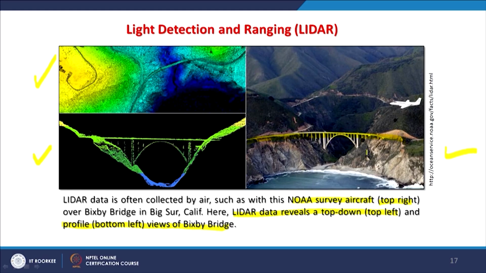So, in reality the right one is the visible part, whereas the left one and the bottom left are based on the LIDAR. Whatever the distance you are standing from, you can measure the distance as well as map the things as shown here.